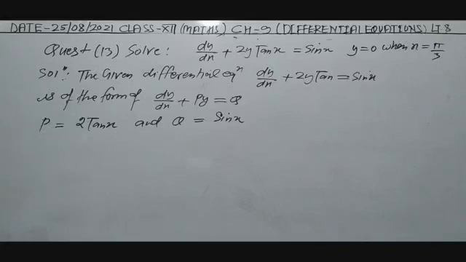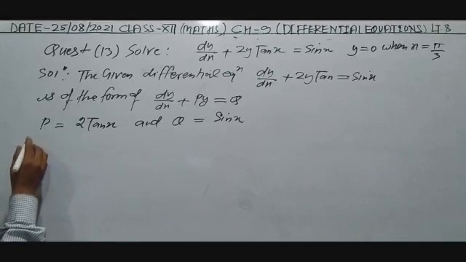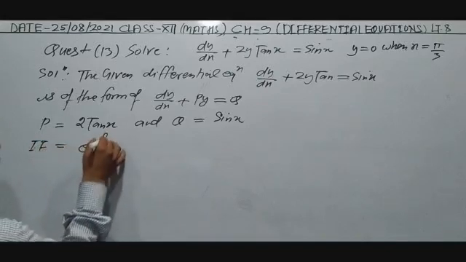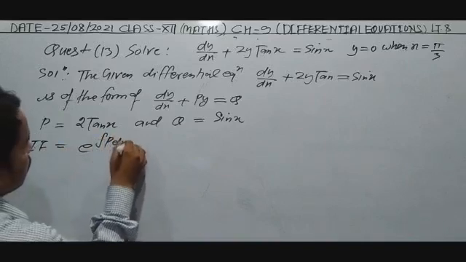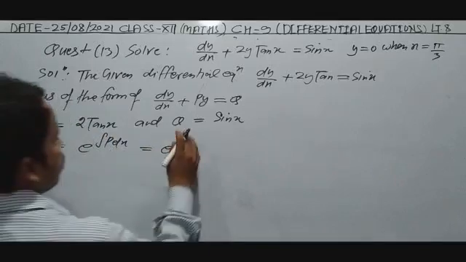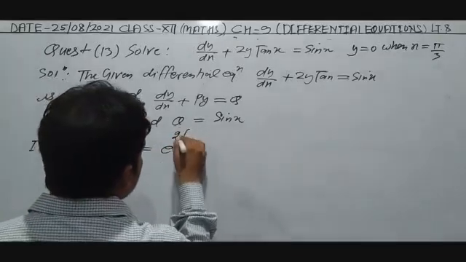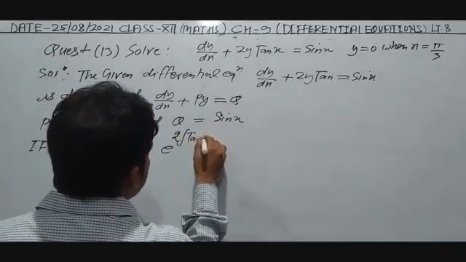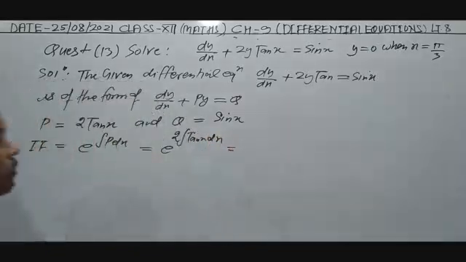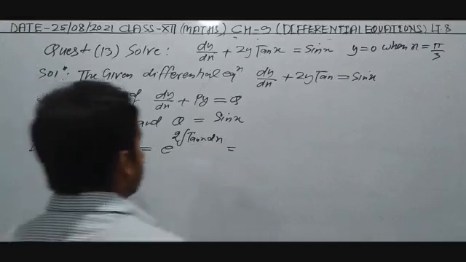Now in the next step we will find the integrating factor. So the integrating factor is equal to e to the power integration of P dx. So e to the power integration of 2 tan x, where 2 is outside, and tan x dx, and its result is log of sec x.